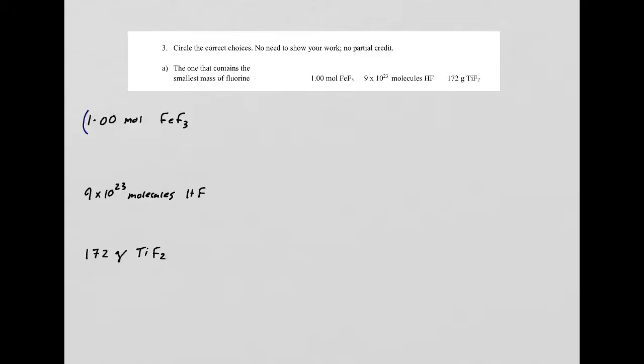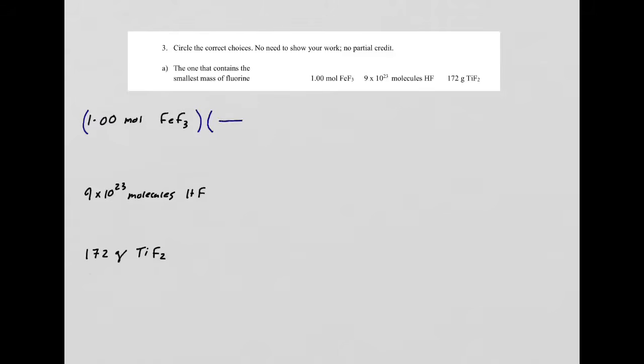All right, so the first one is, again, they give me the moles of FeF3. I have to do a mole ratio because what I want at the end is the mass of fluorine. They give me FeF3, but they ask me for fluorine. They give me one thing, they ask for something else. Of course, we have to use mole ratio.